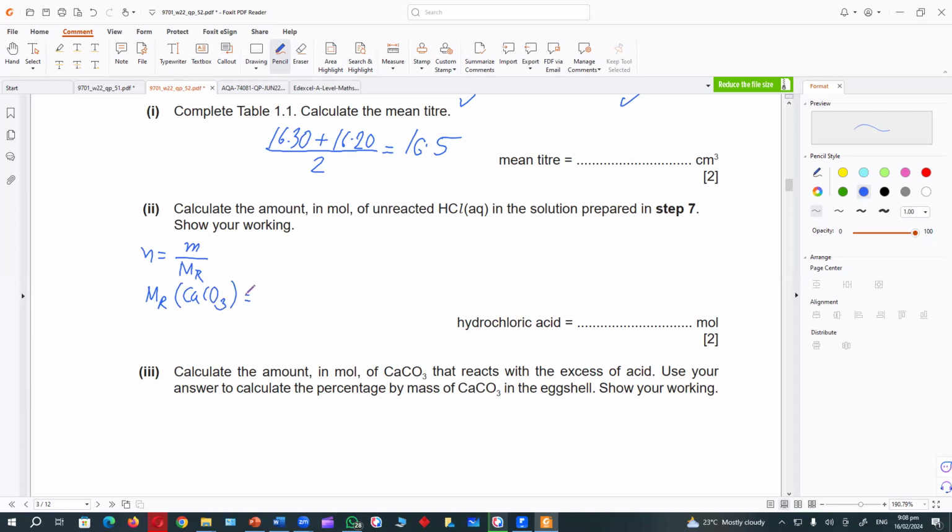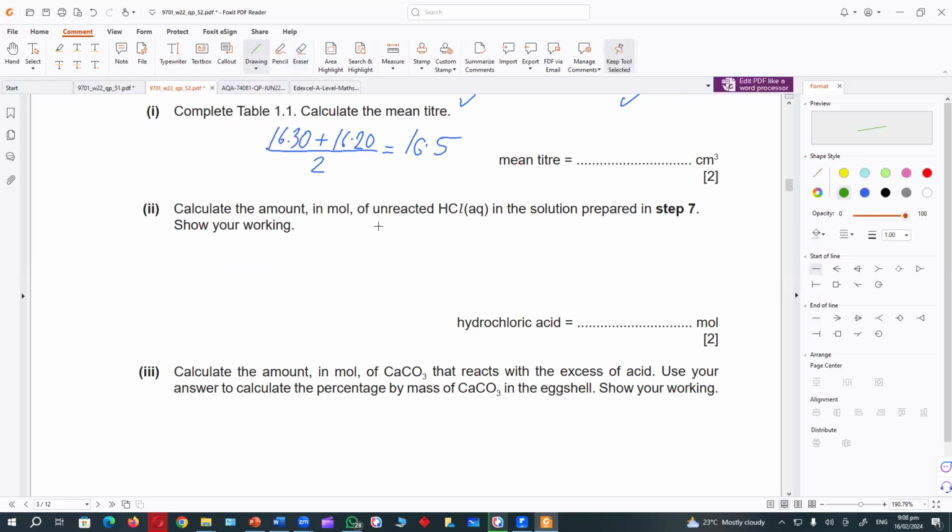What is the molar mass of calcium carbonate? Or should we make a comparison with NaOH? Unreacted, oh, actually this is the reacted one. So we need a correction.